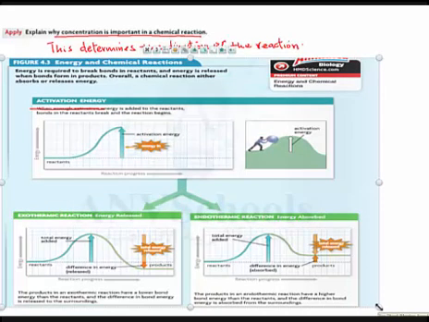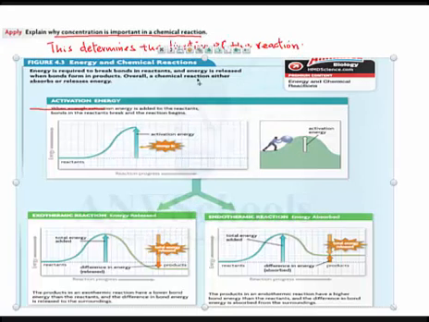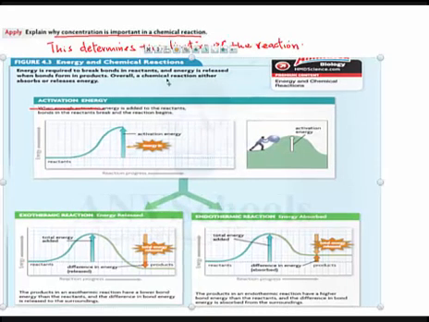Energy is required to break bonds in reactants, and energy is released when bonds form in products. Overall, a chemical reaction either absorbs or releases energy.